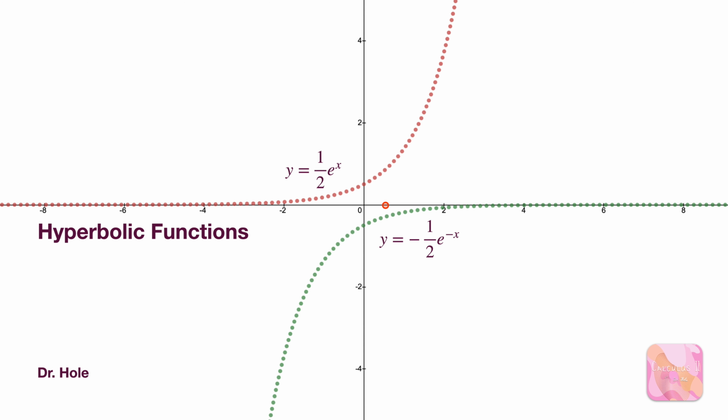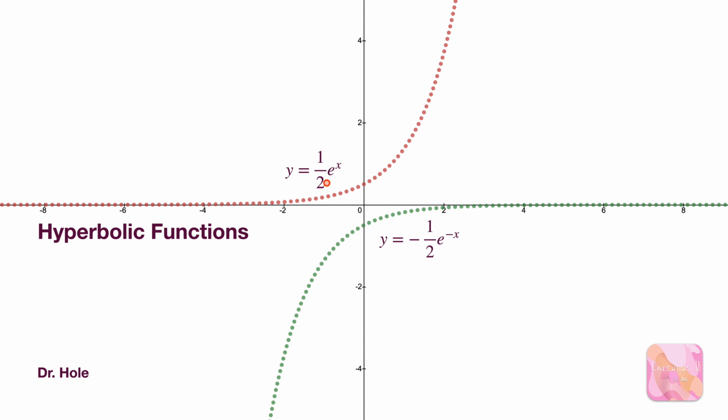As you take positive x's, the red curve has a y value which is much greater than the y value of the green curve. Thus, the sum of these two functions will plot in the first quadrant. Likewise, for negative x's, the green curve has a much stronger negative value than the positive values of the red curve.